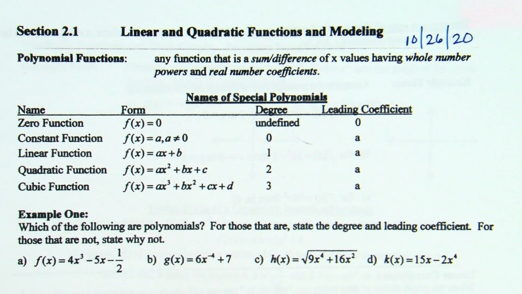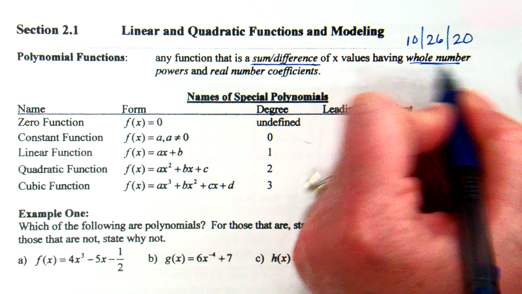Okay, those are polynomials. When we talk about just one term in a polynomial, do you remember what one term is? Begins with M, monomial. Yeah, you started to say it. Okay. So, sum and difference, whole number powers, real number coefficients.